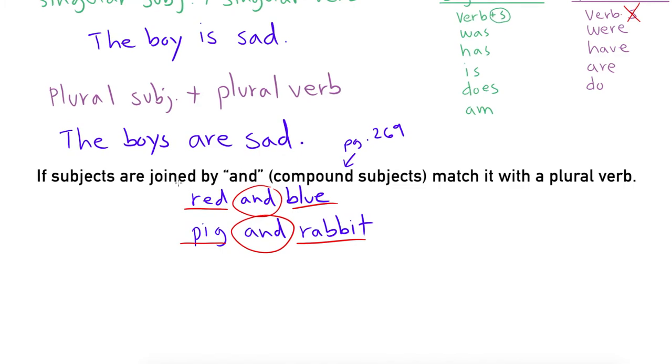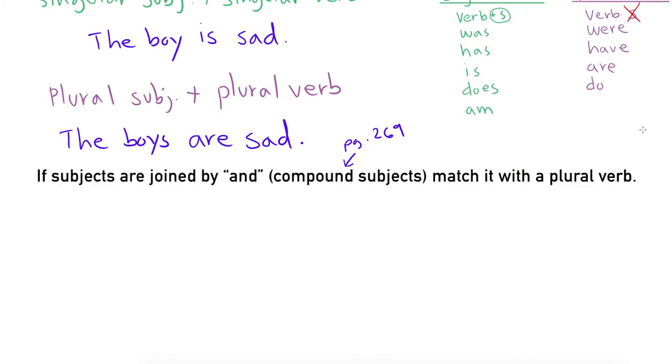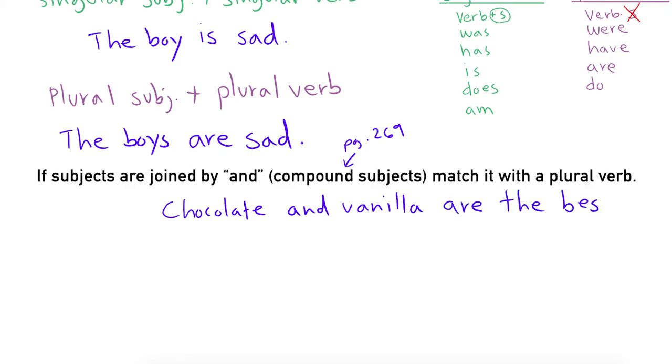Let's go over some more specific examples. Let's do a sentence: Chocolate and vanilla are the best ice cream flavors. My subjects are chocolate and vanilla.